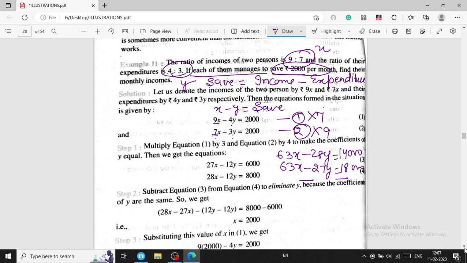After that, subtract both equations. We will find minus 28 plus 27, minus y, equal to minus 4,000. Minus cuts with minus, and we find the y value, 4,000. Now substitute this value in the first equation: 9x minus 4 into 4,000 is equal to 2,000.